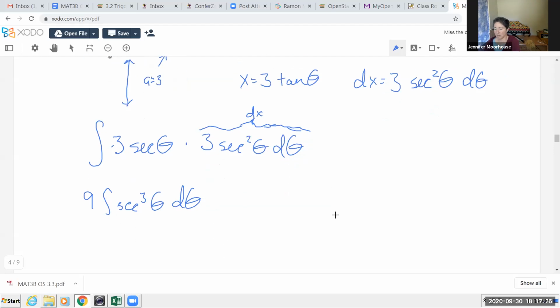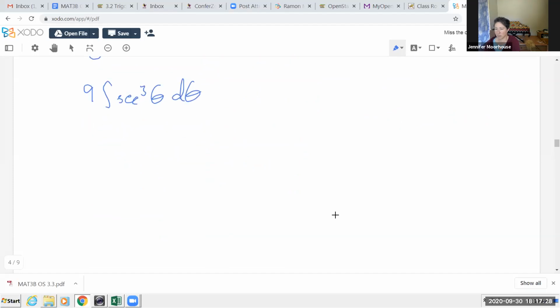I think we just use integration by parts at this point and say this is a secant times a secant squared. The secant squared is the derivative of tangent. Secant, we can take its derivative and we get secant tangent. Let's try that. So this is our trial here.